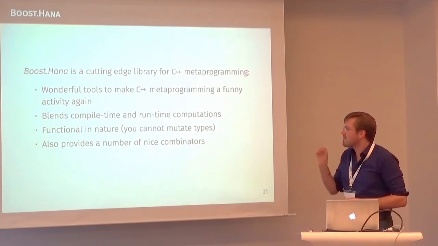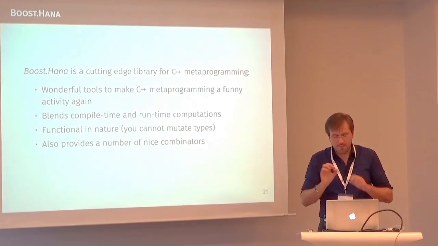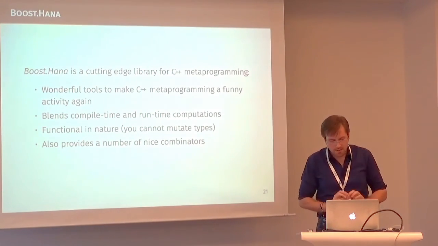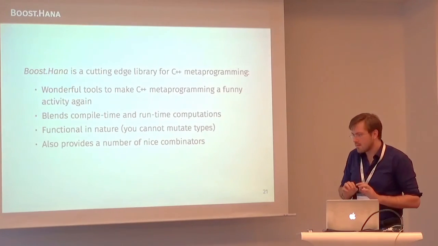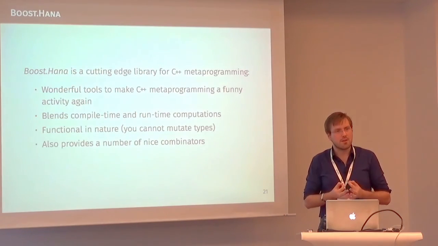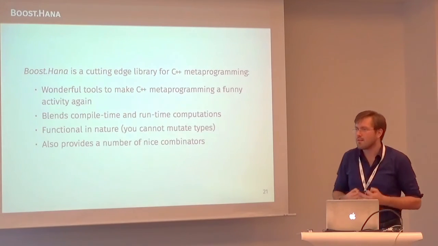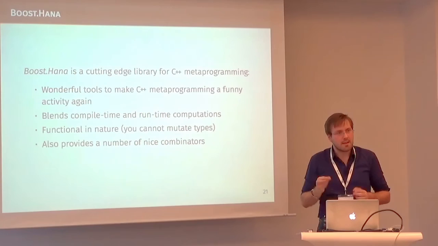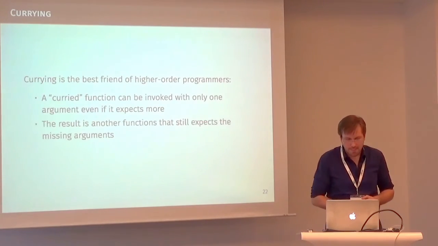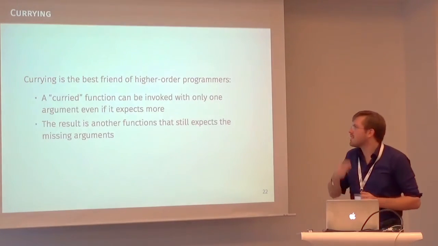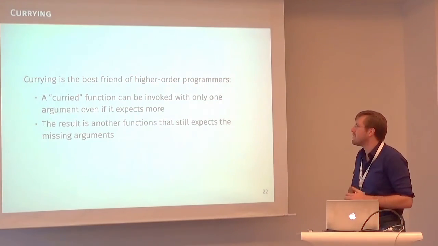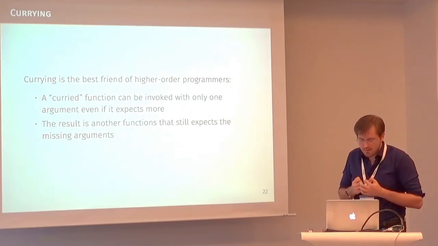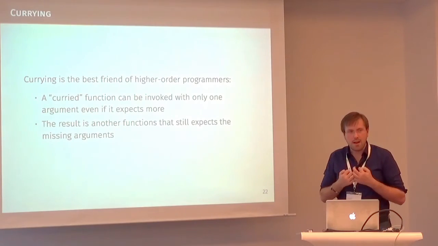And I'm just picking up one of the core parts of the library, which is a small collection of functional combinators. Okay, so I'll take Boost Hana as the part that provides us functional combinators. Okay, one of the most important is the currying combinator. A curried function can be invoked with only one argument.